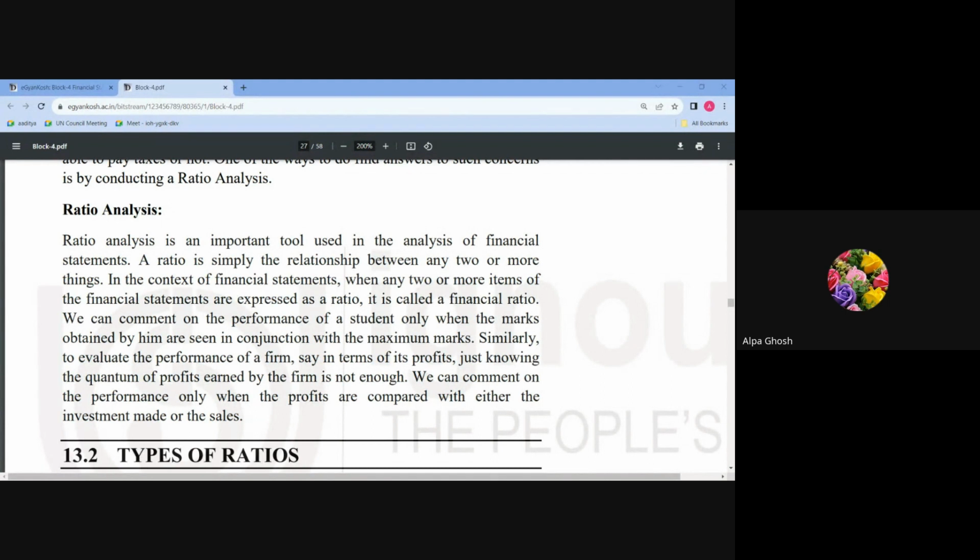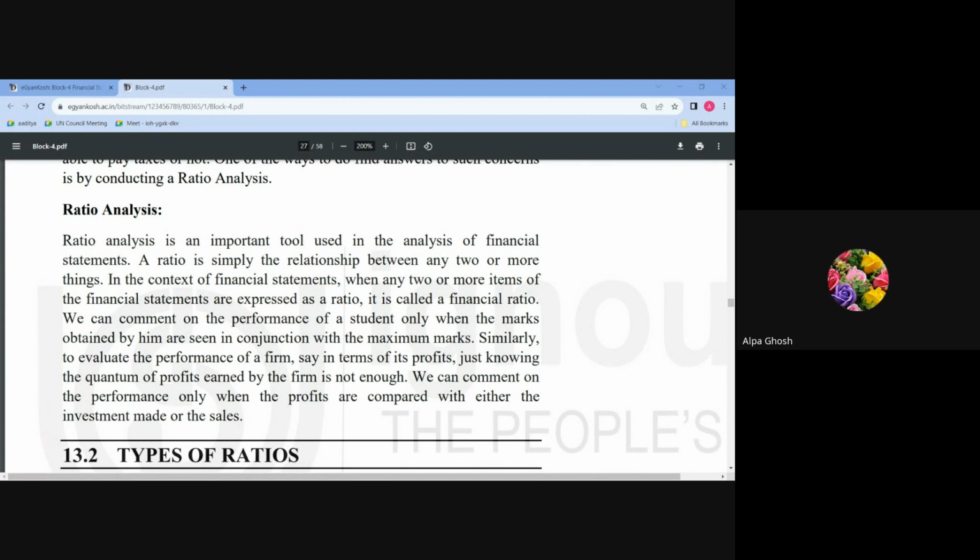So you can say that the marks obtained, 700, was better than the marks obtained, 2000 out of 3000. So when you convert the financial data, the numbers, into percentage, then only the conclusion is what is better. Same way, we need to compare the figures for sale, purchase, expenses, dividend to be declared.